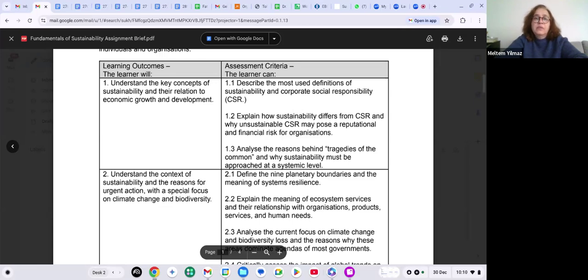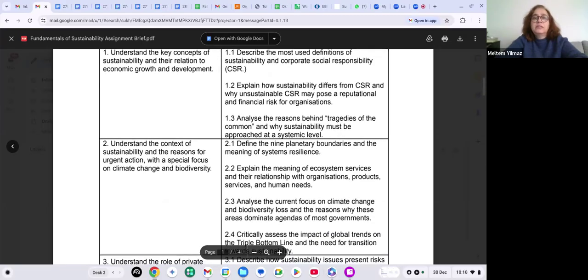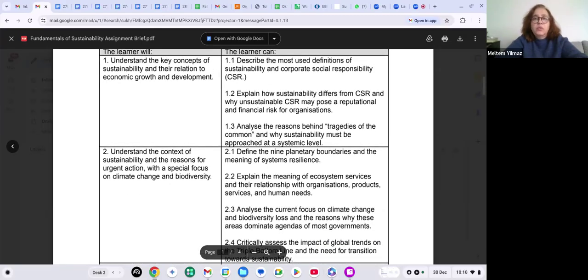Another priority was explaining how sustainability differs from CSR and why unsustainable CSR may pose a reputational and financial risk to organizations. Finally, to analyze the reasons behind the tragedy of the commons and why sustainability must be approached at a systemic level.